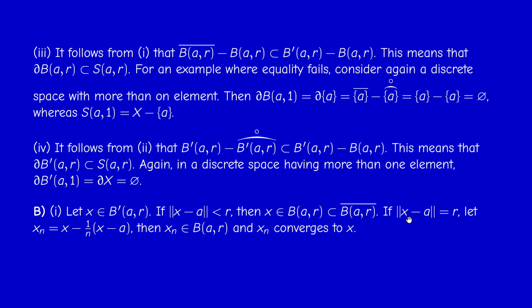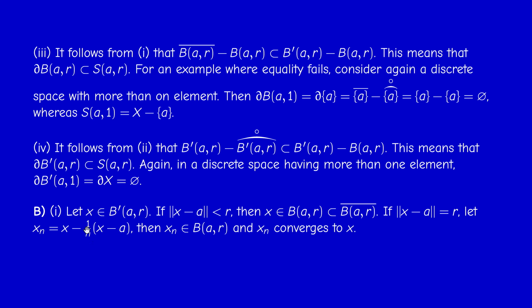So actually here x is on the sphere. Consider this sequence, x_n equals x minus 1 over n times x minus A. This expression makes sense when we have the notion of sum of two vectors and multiple of a vector by a scalar, so we cannot define this in an arbitrary metric space.